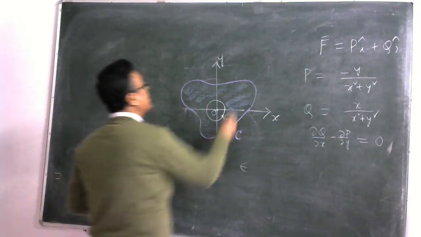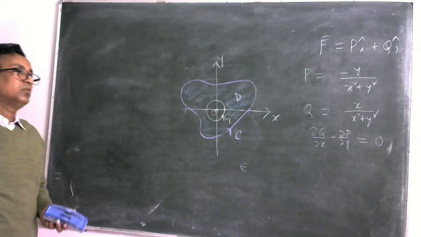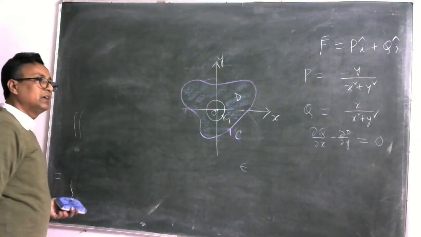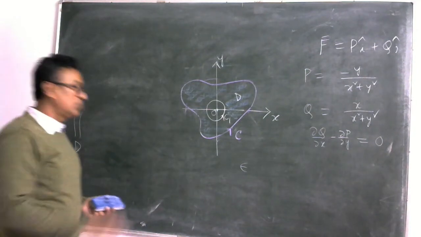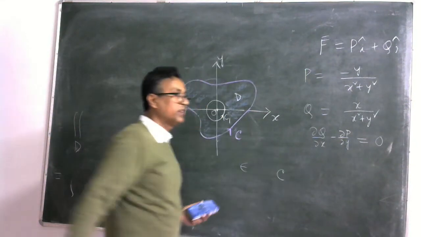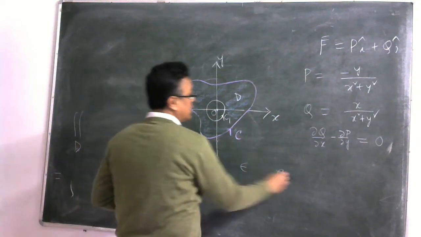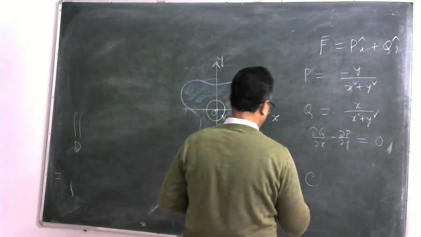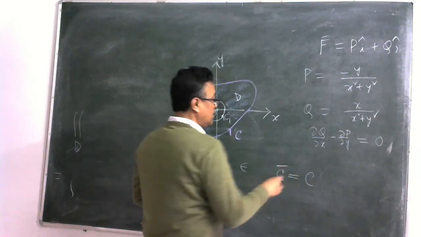Okay, so this is my region D. So we already know that I will be able to apply Green's theorem in the region D, provided it is bounded by a curve C which is positively oriented. Now obviously C, if I want to consider it as a union of, say, let me call it C bar.